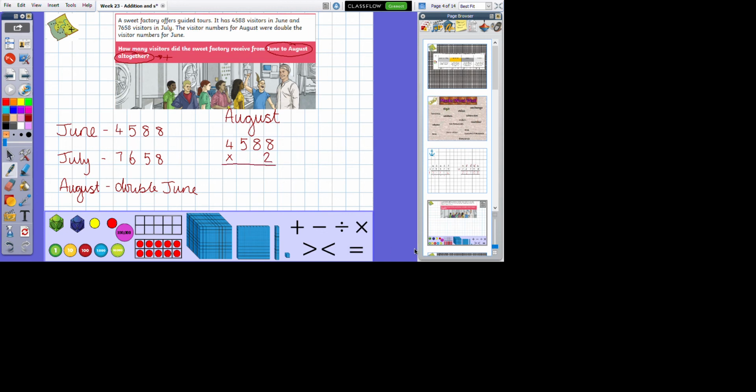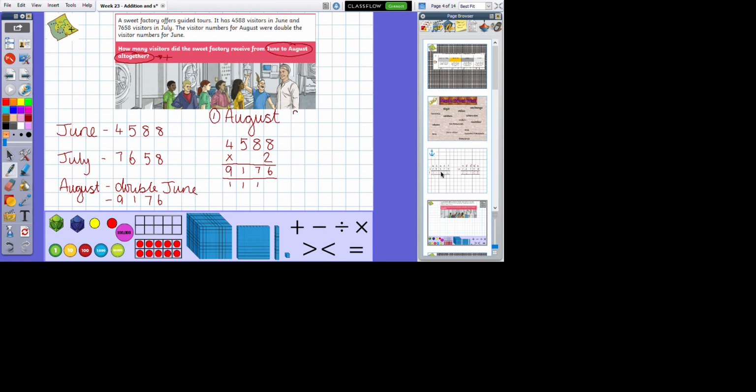Okay, so 2 times 8 is 16. 2 times 8 is 16, add my 1 is 17. 2 times 5 is 10, add 1 is 11. And then 2 multiplied by 4 is 8, add 1 is 9. So in August, there were 9,176 visitors. Okay, so this would have been step 1.